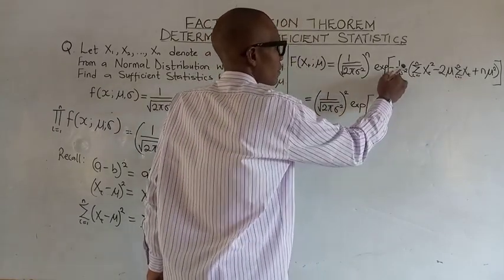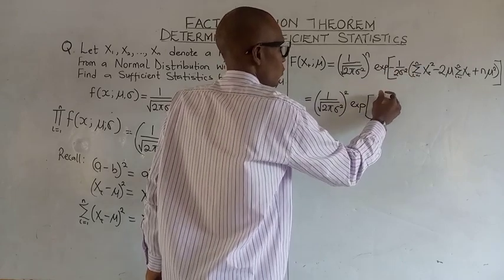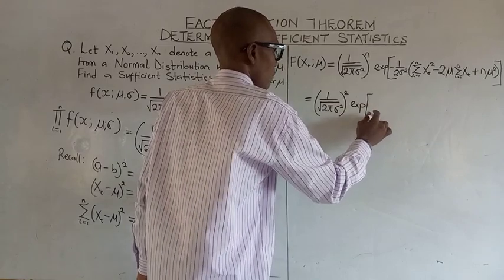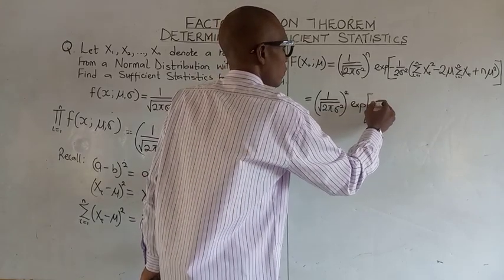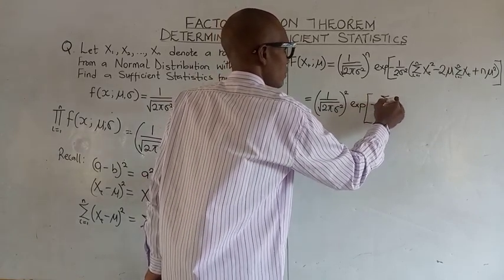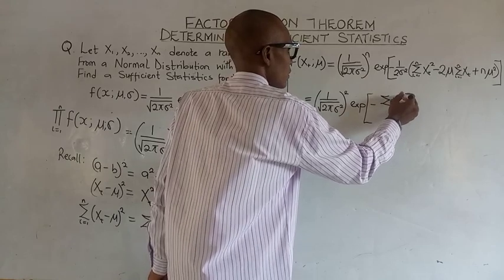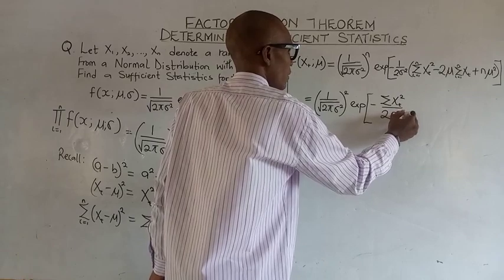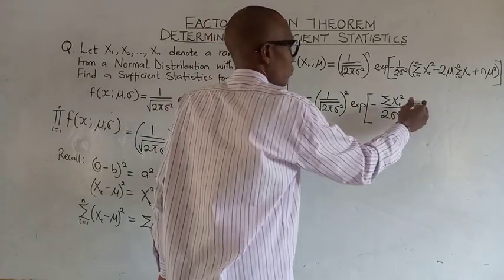You have minus summation of x_i squared all over 2 sigma squared.